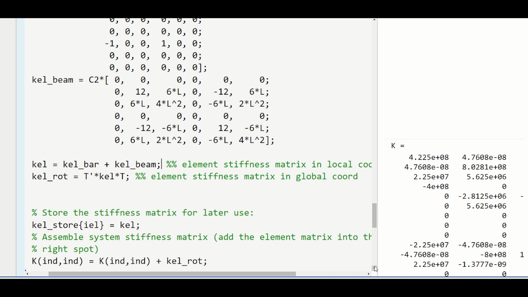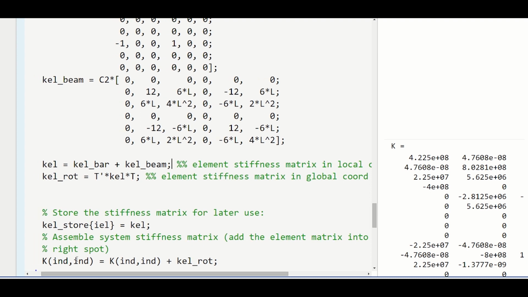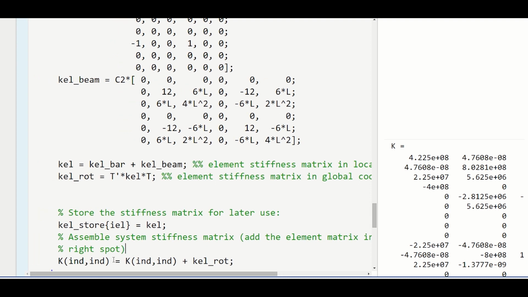stiffness matrix. So what it does, in the global stiffness matrix, calling the index vectors, the sub-matrix, just like the condensed matrix, index vectors rows by index vectors columns, and then adding what the values are with the rotated element local stiffness matrix.